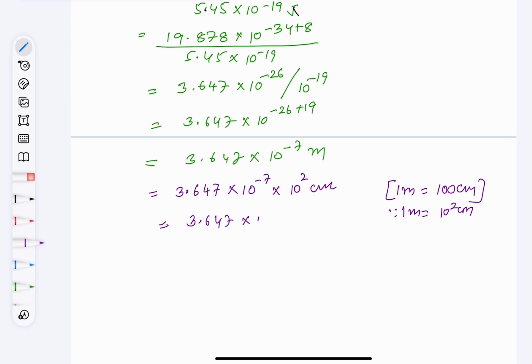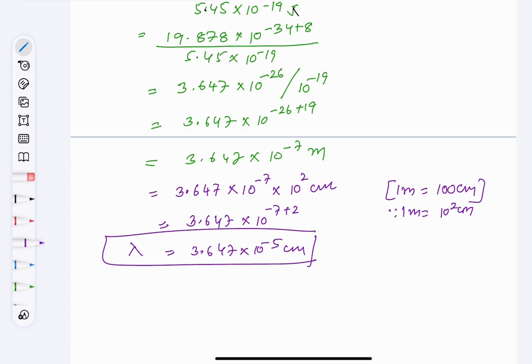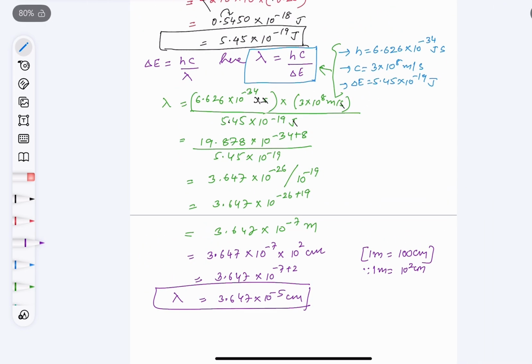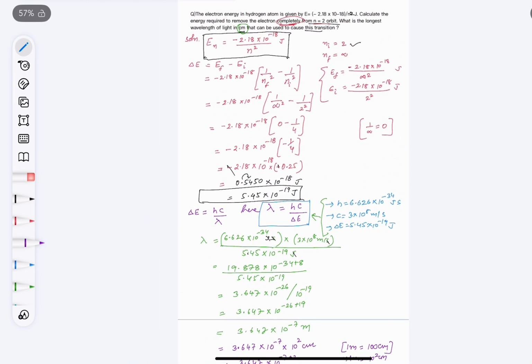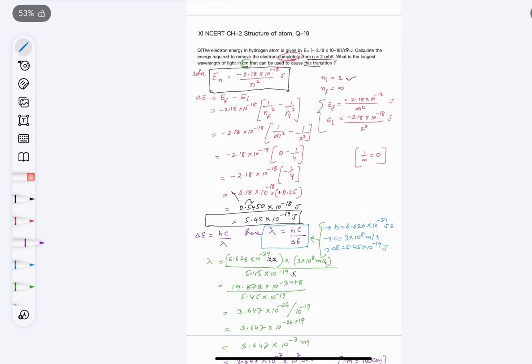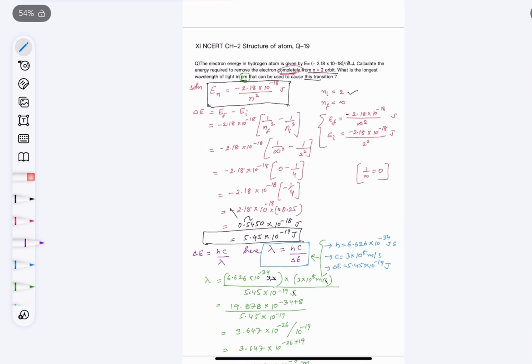Now we know how to calculate this. 3.647 into 10 to the power of minus 7 plus 2. So you will end up with the answer as 3.647 into 10 to the power of minus 5 centimeters, which is the wavelength required of the light for this transition from 2 to infinity, or to remove an electron from 2 to infinity.